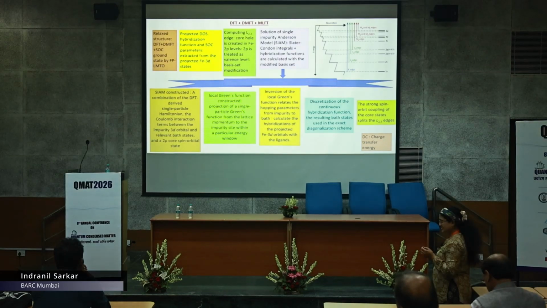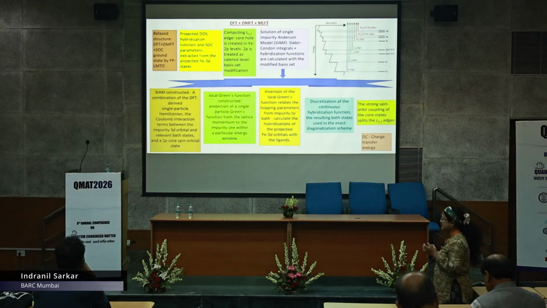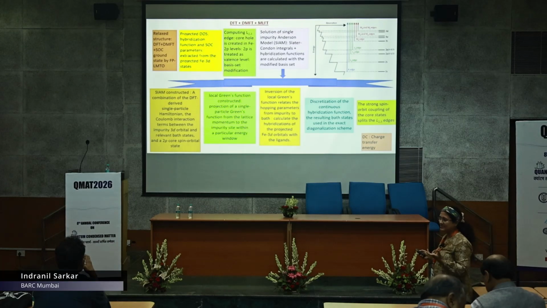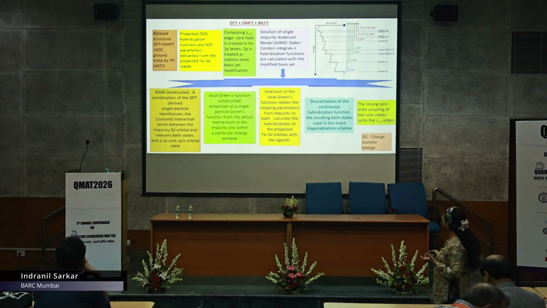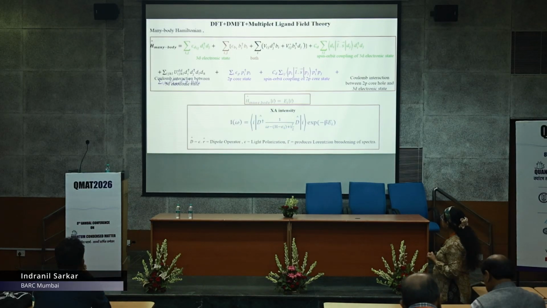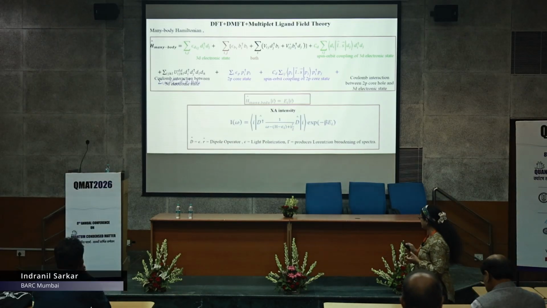In a similar way to the exact diagonalization, we discretize the continuous hybridization function, and the resulting bath states are used in the same way as in the exact diagonalization scheme. So this is DFT plus DMFT plus multiplet ligand field theory, by which we calculate the XAS and XPS intensities, which I will be showing.